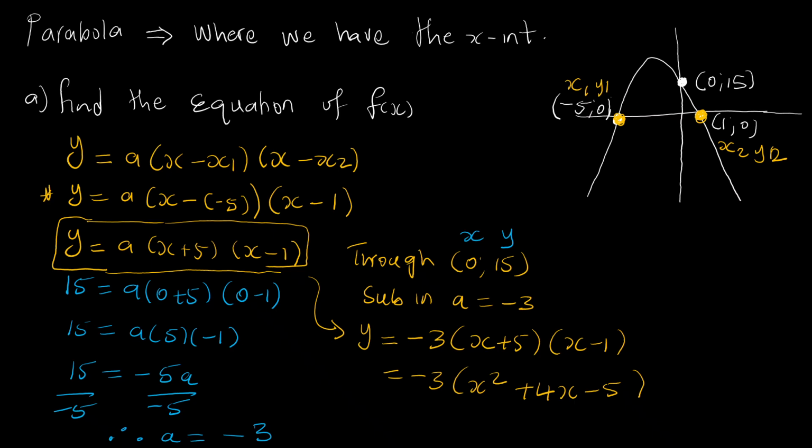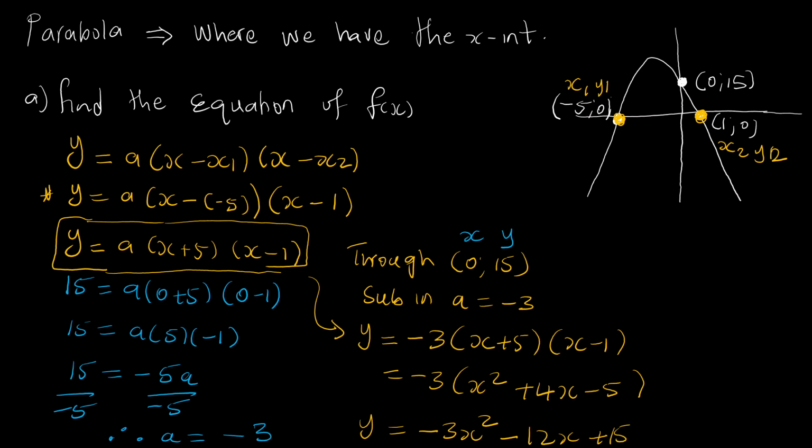So now if we multiply out the bracket, what will be the equation? It will be minus 3x squared, minus 3 times 4, which will give us minus 12x, and minus 3 times minus 5 is just positive 15. And this is your answer.